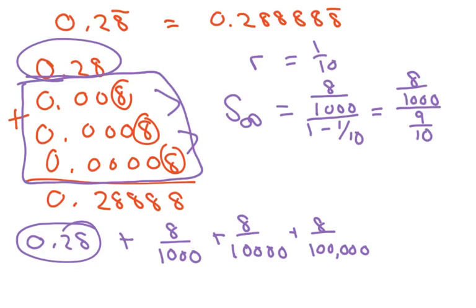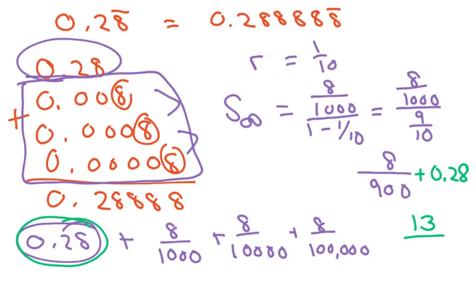And that's going to give you 8 over 900. Then we have to add this number here, 0.28, and use your calculator. You hit math, enter, and you're going to get 13 over 45, in the form of a over b. And that's all. Thank you. Have a nice day. Bye-bye.